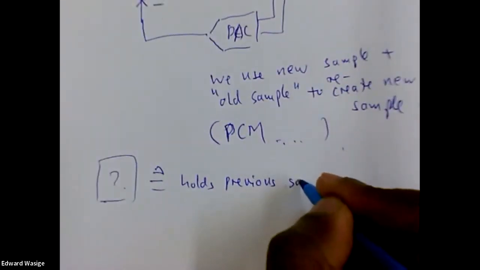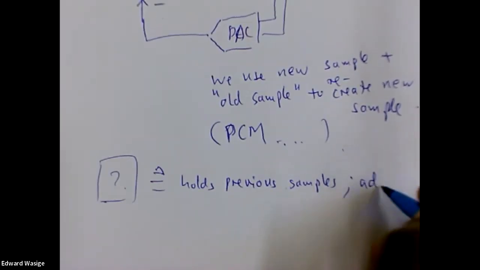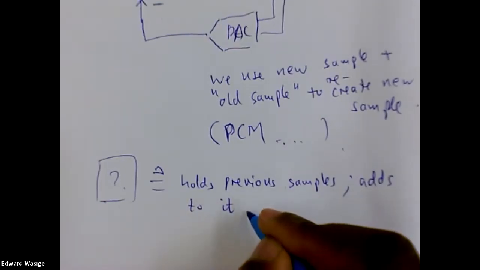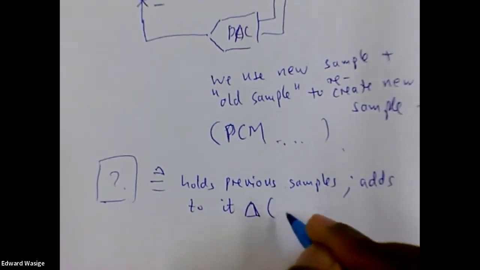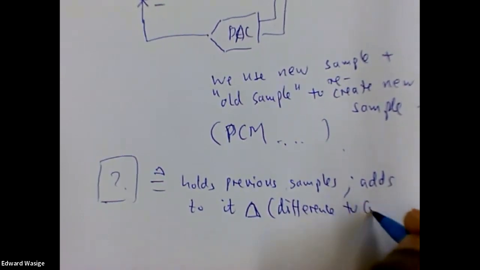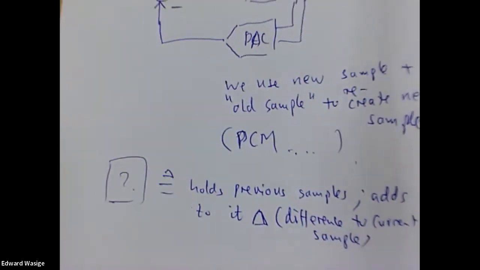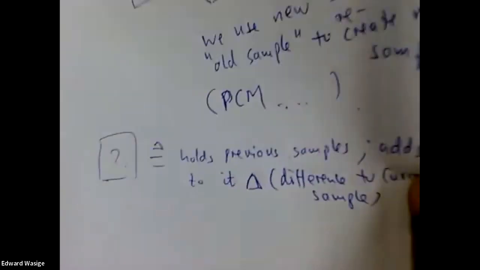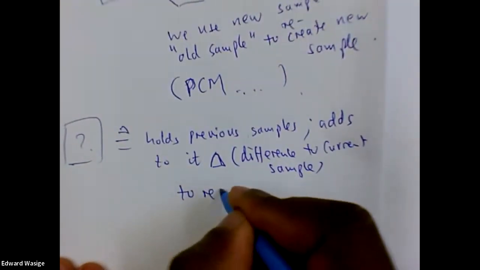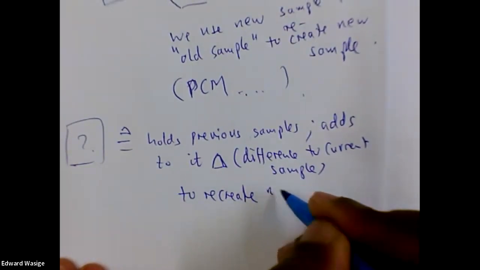It holds the previous sample and then adds to it delta Q, which is the difference to the current sample. So it holds the previous sample and adds to it delta, which is the difference to the current sample, to recreate the current sample.